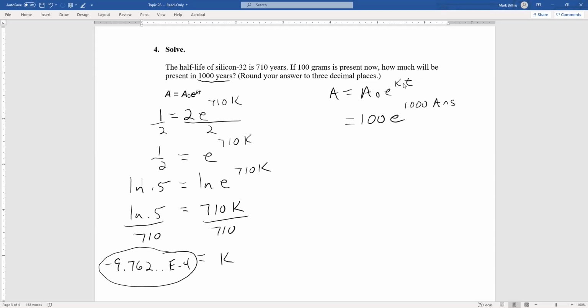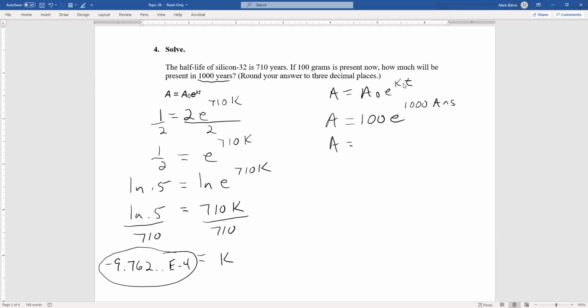Now what I'm going to do, since I'm solving for A, I'm actually going to put the information into my calculator. So I'm going to do 100. Then I'm going to do that times E raised to the 1,000, then times my answer. So that's where I'm going to hit my second key and that negative sign within parentheses and hit enter.